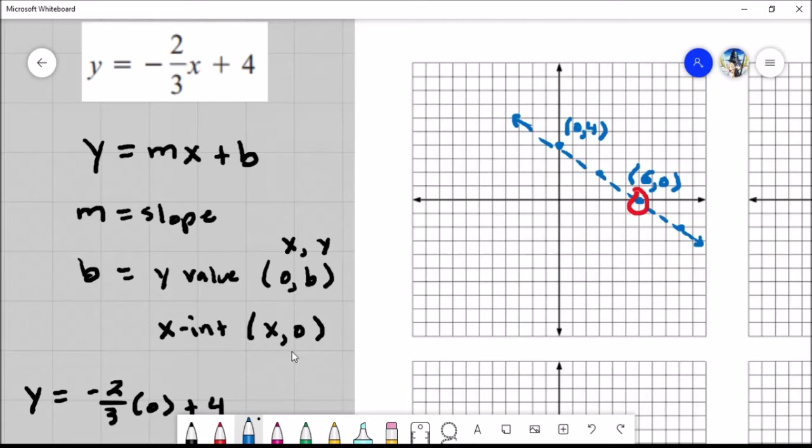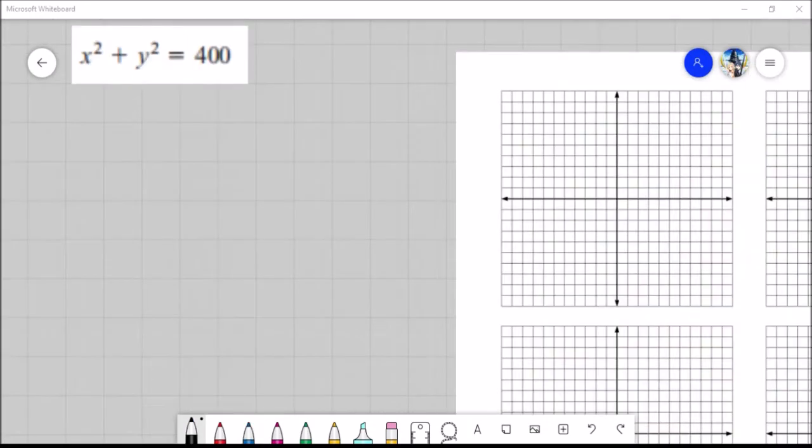Have it set up in slope-intercept form, so that you can easily find either the x or y intercept, and then, knowing the slope, use that to plot your other points to graph it. Easy as pie.